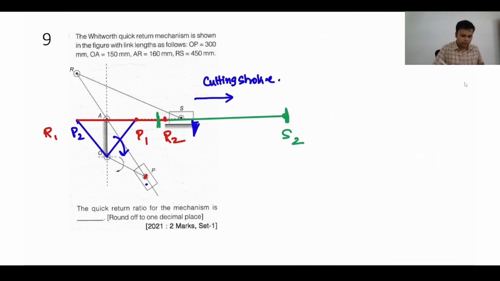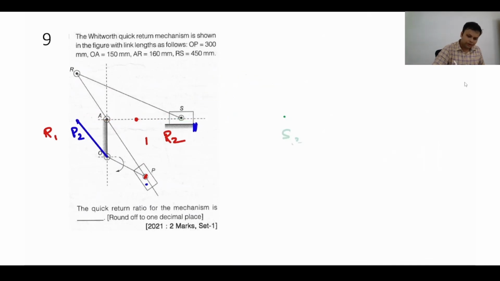You must be able to understand, right? This will be the configuration, right? So how the ram is moving from its starting position S1 to the end position R2. If you have understood this, okay, for understanding this, definitely I know the mechanism needs to be explained properly, but we are not doing the explanation part of the mechanism, that will take a lot of time.